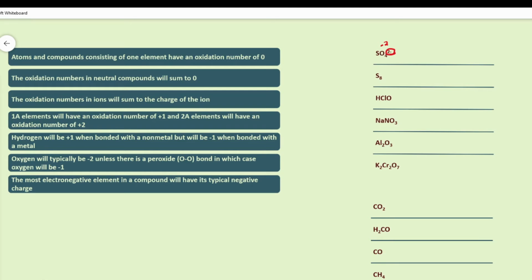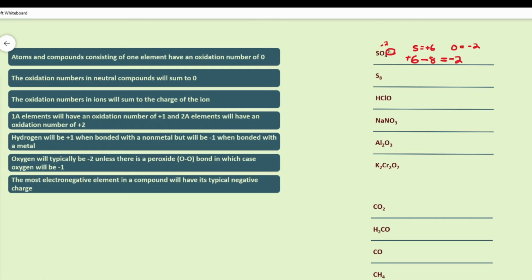We have 4 of those, so that's going to give us a -8. We've got to wind up with a -2, and so sulfur must be +6. So in this particular case, the oxidation number of sulfur is +6, and oxygen is -2.